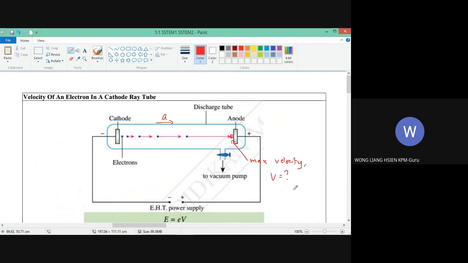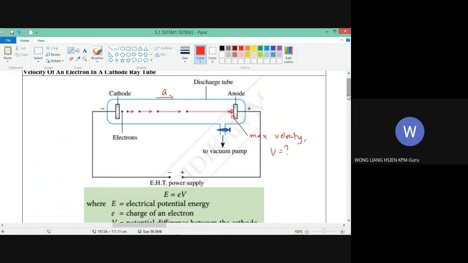How do we find the maximum velocity? We can find it from the kinetic energy that the electron gains when it accelerates from the cathode to the anode.